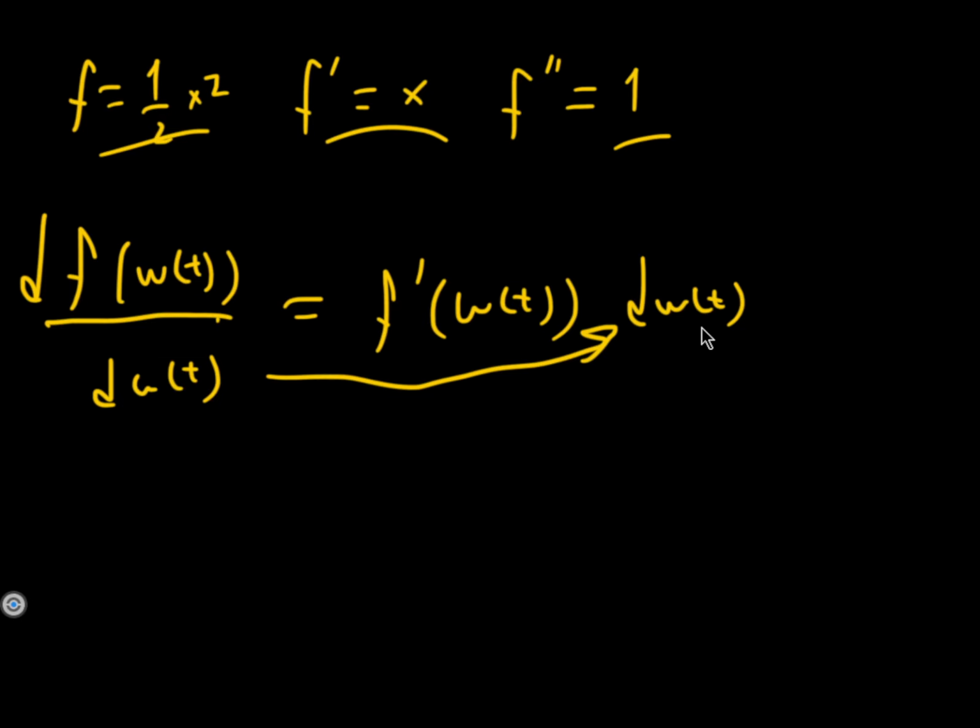But in fact, this is only true in classical calculus. In stochastic calculus, it appears that we have a drift term, or a term resulting from quadratic variation, which involves a second derivative. So what this term is, of course, is f prime prime omega t dt.